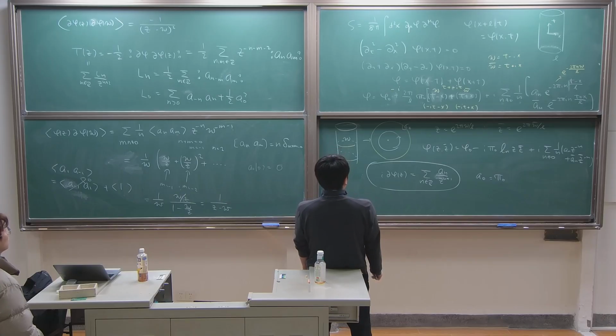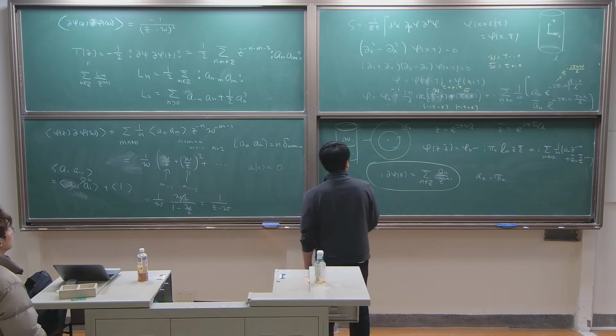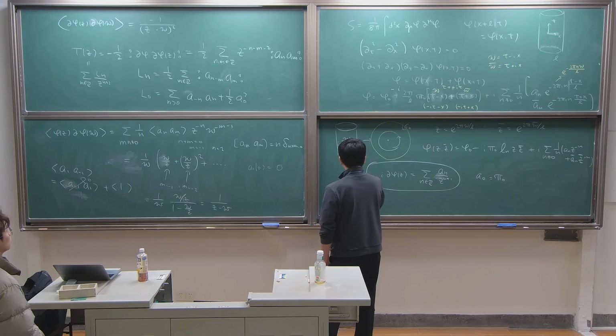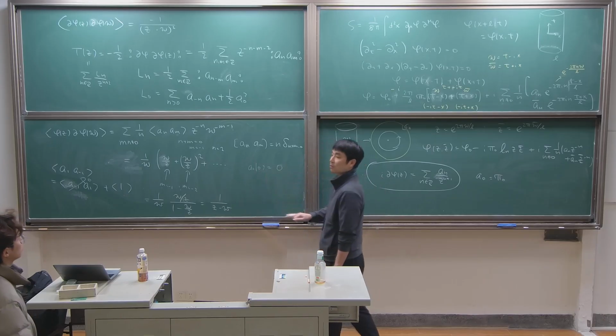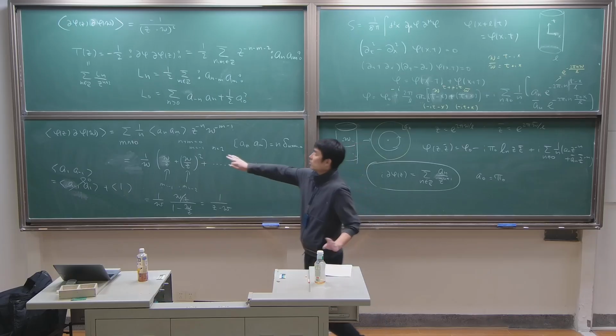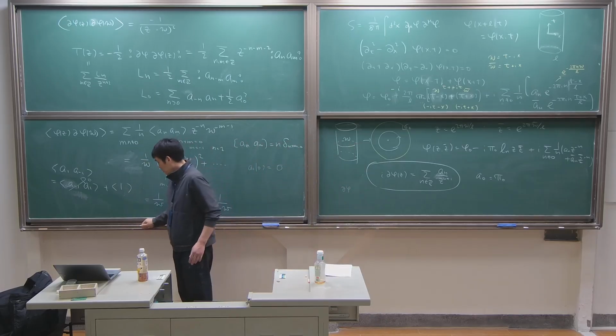Yeah, it should. A_0 should act on the vacuum to give 0. So that's why you don't need to include 0 here.